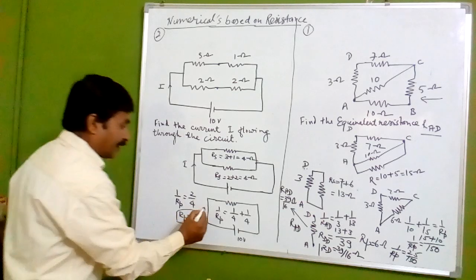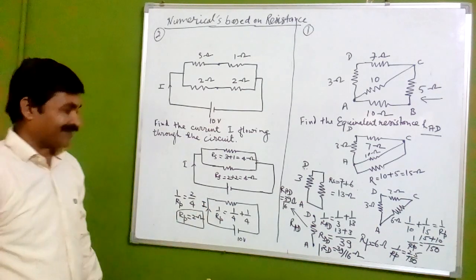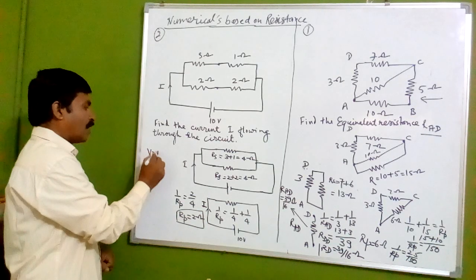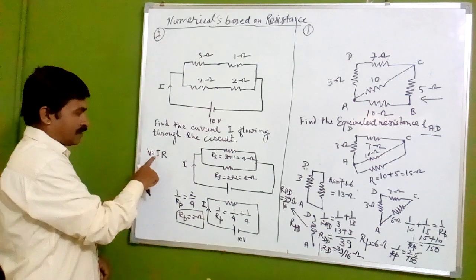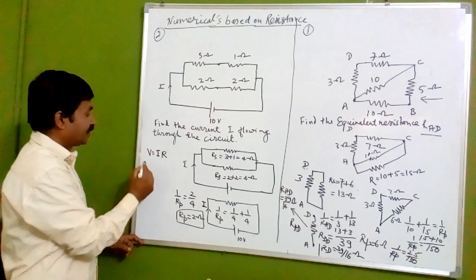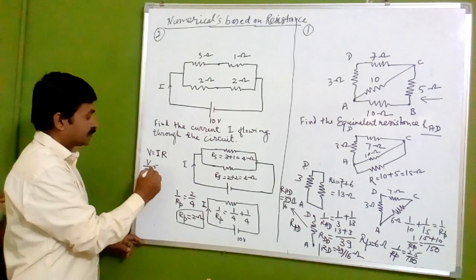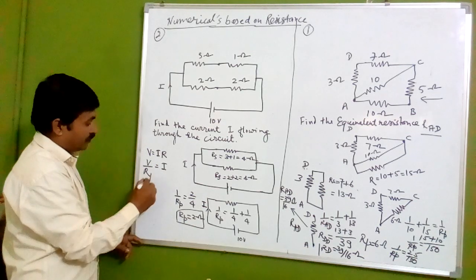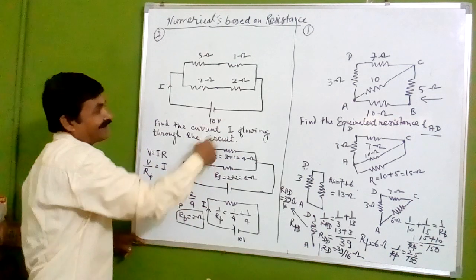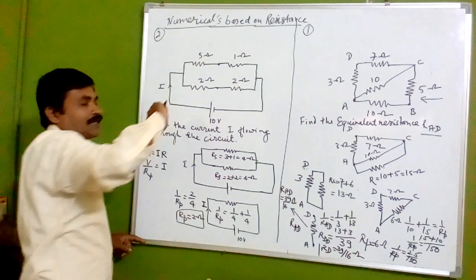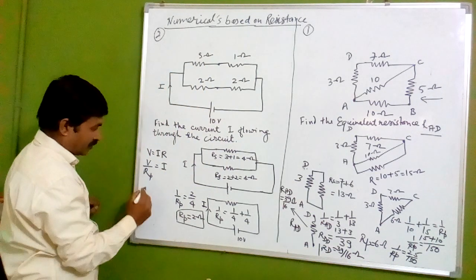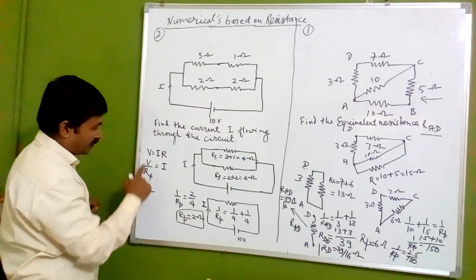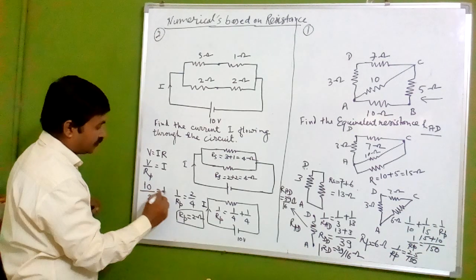Now we have got the equivalent resistance. Now we have to determine the current I. Now we know Ohm's law. V is equal to I into R. We have to determine the I. So we can have V upon R is equal to I. We have got the equivalent resistance of this total combination, so we will be substituting the value of V, which is 10 volt, and R, which is 2 ohm.